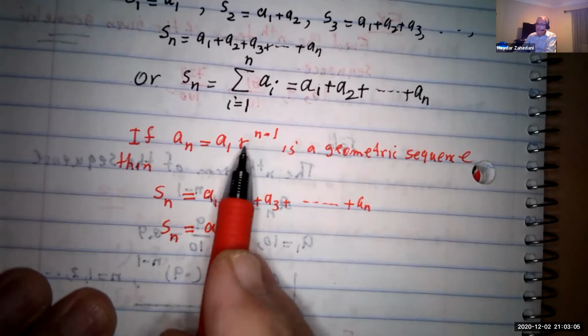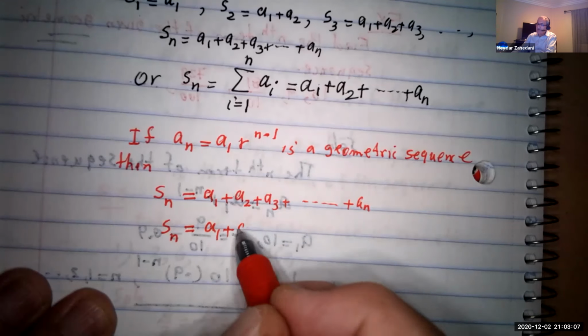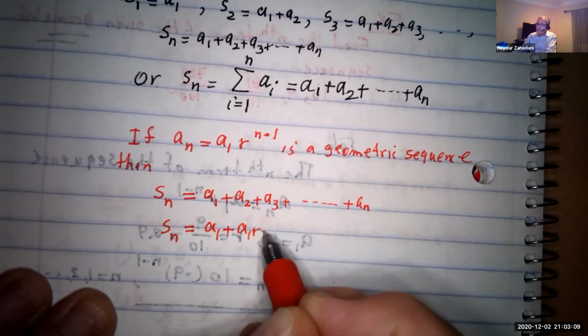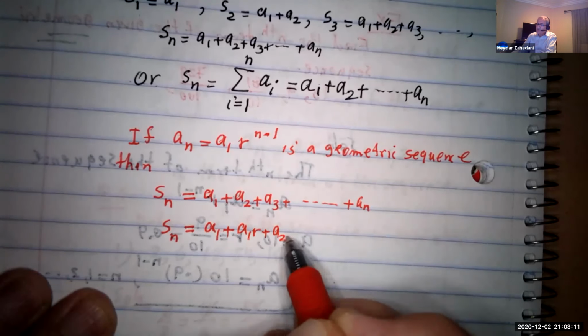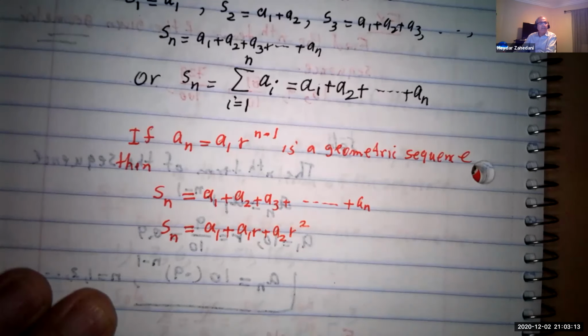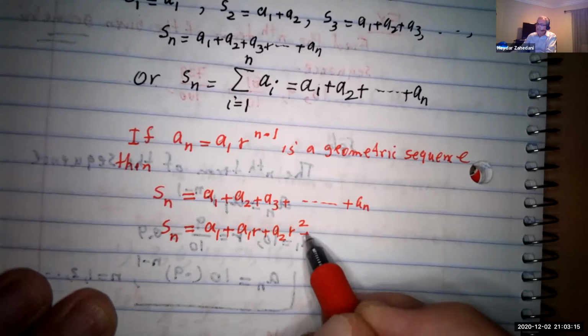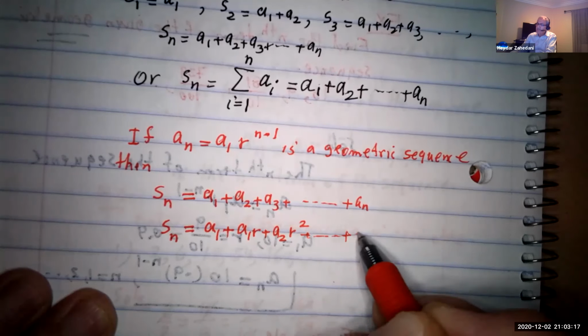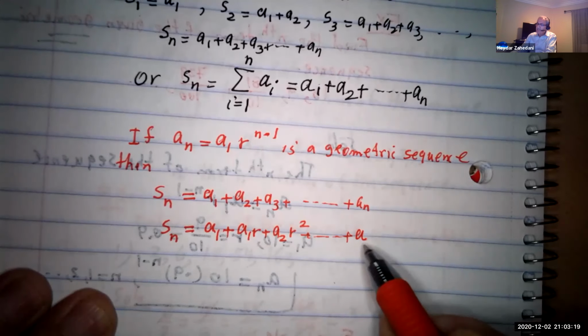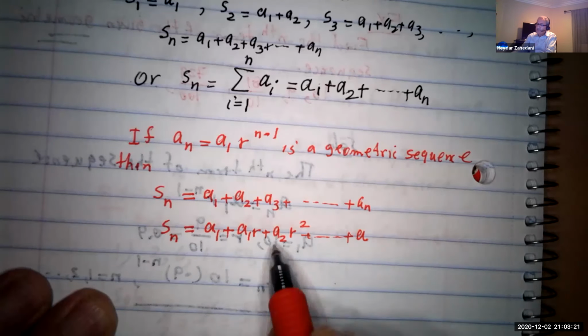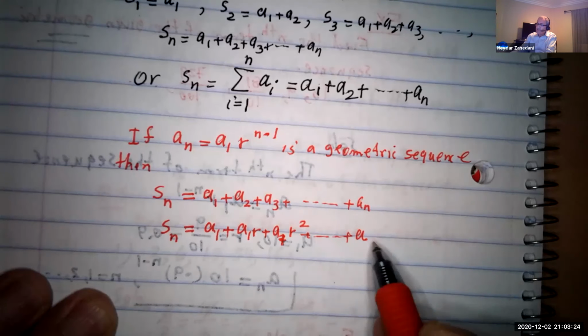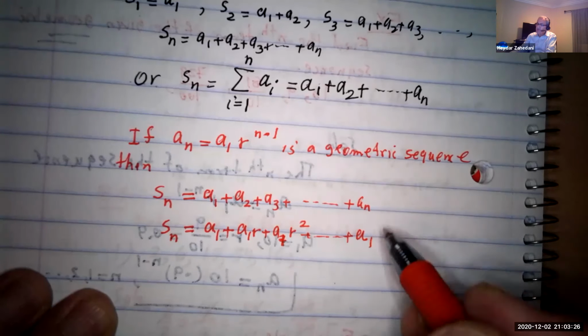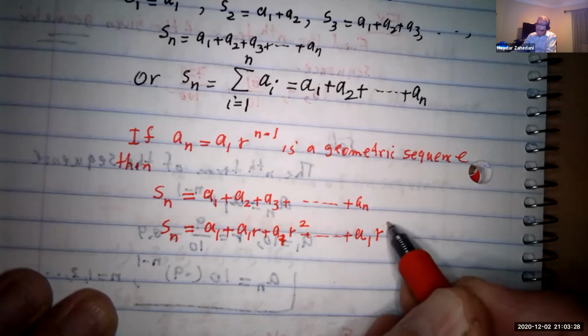The second term, you see, A1 r. The next one, A1 r squared. I just continue. Getting to the last term, these are all A1. The last one would be A1 r to the n minus 1.